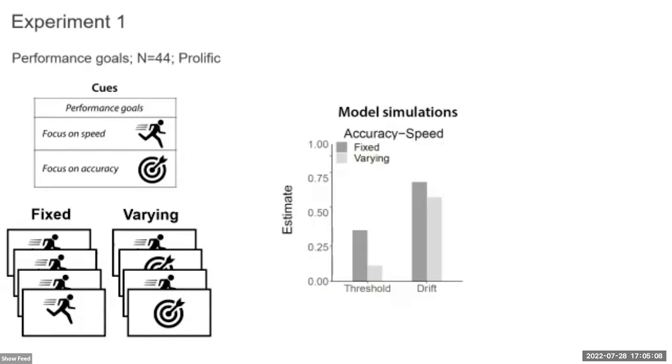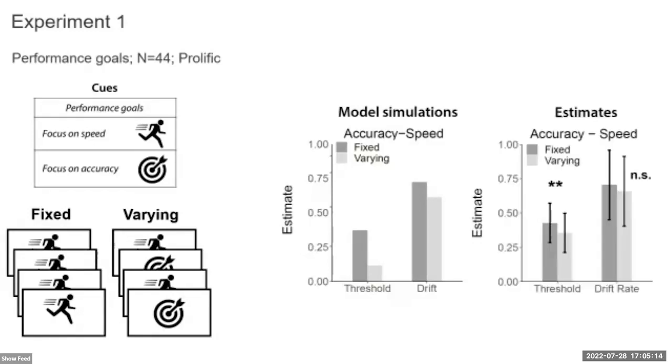And then we can fit a DDM to our data and check whether these model predictions pan out. So this is what our data looks like. This is fit with Bayesian hierarchical models. I'm plotting the difference between the posteriors in the accuracy and speed case. And what you see indeed is this difference for both threshold and drift rate in accuracy over speed.